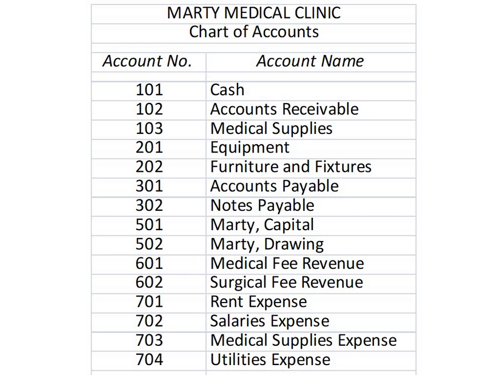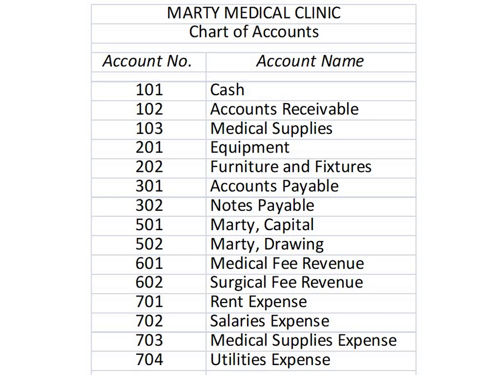If current assets are usually shown first before non-current assets, current liabilities also come first before non-current liabilities. Although in this case of Marty Medical Clinic, there are no long-term or non-current liabilities. Notice also the account numbers as they give hint or clue as to the type of an account.